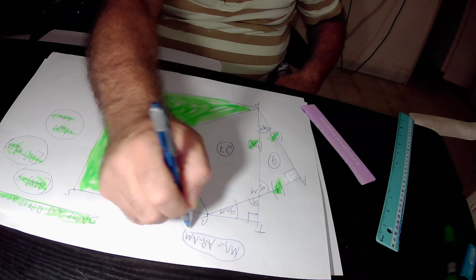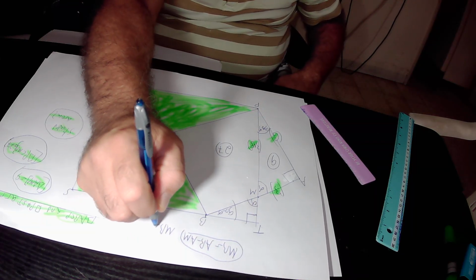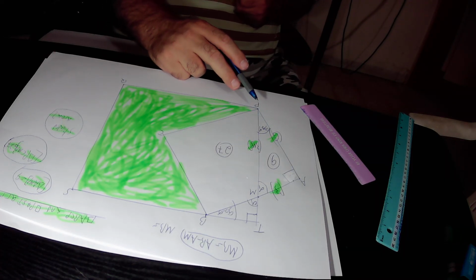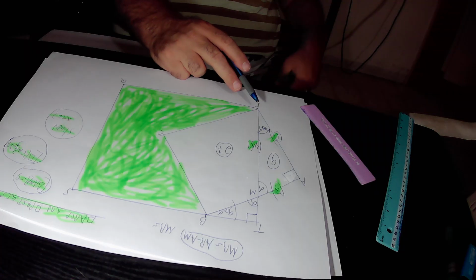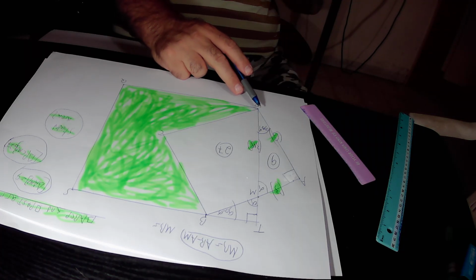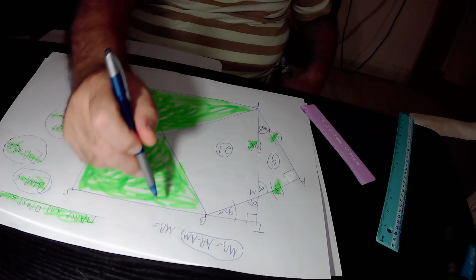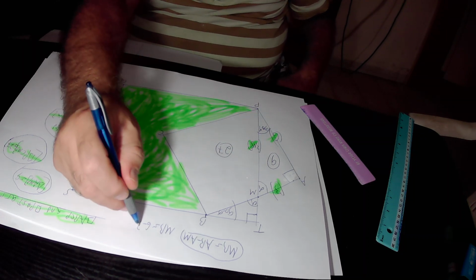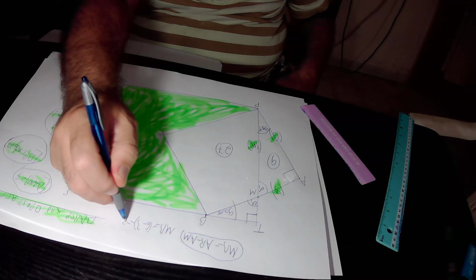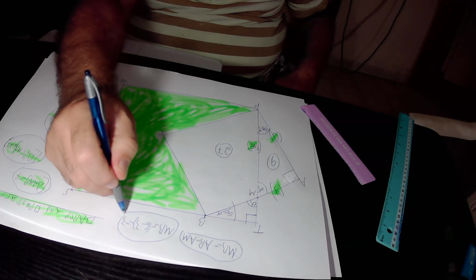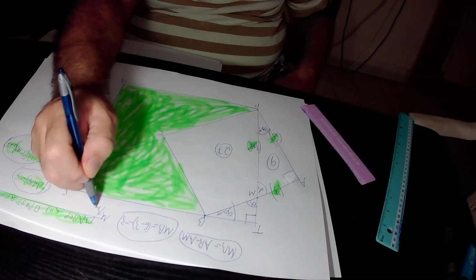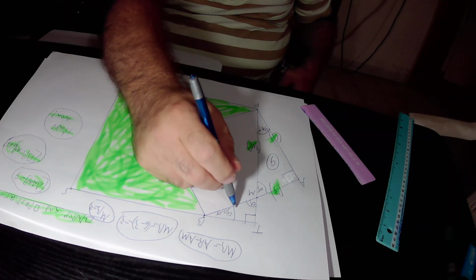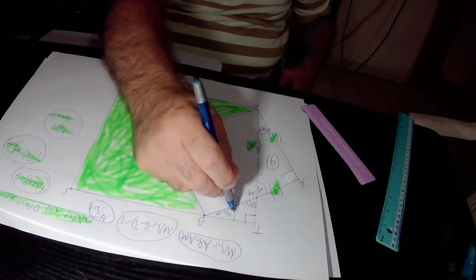So MB in total equals AB, which is 6, because in square ABCP all the sides are equal to each other, each side equals 6. So MB is 6 minus AM, which is 3. So in total MB equals 6 minus 3, that is 3. So MB equals 3 units in its length.